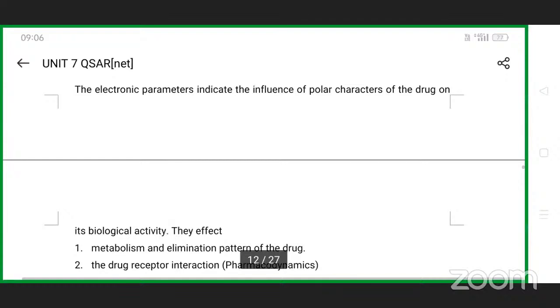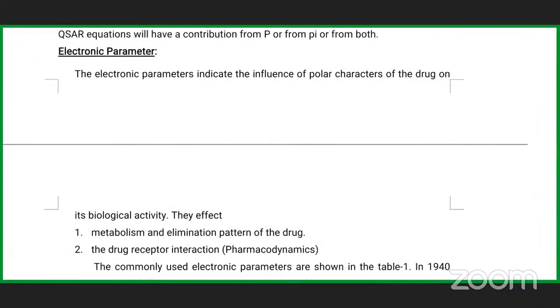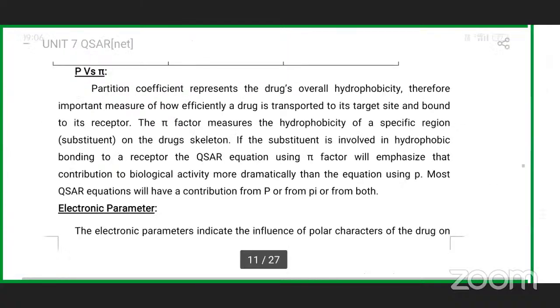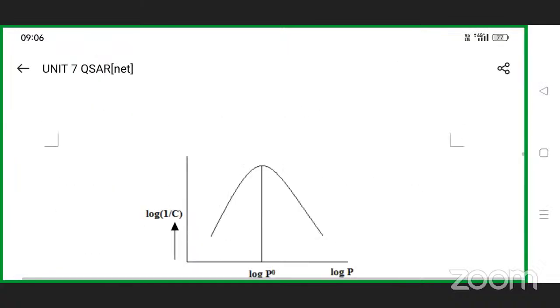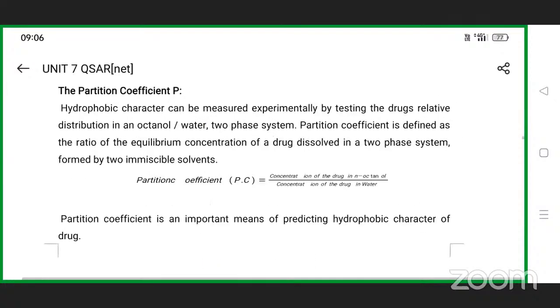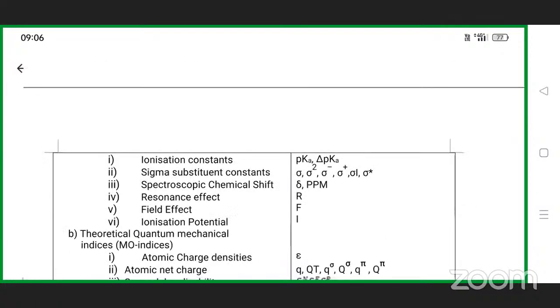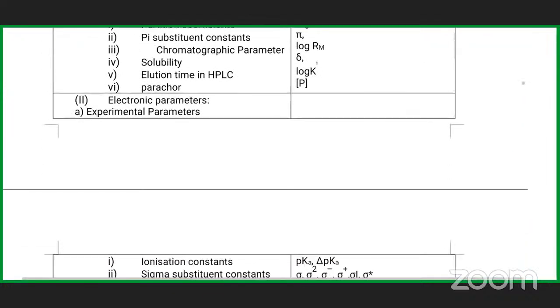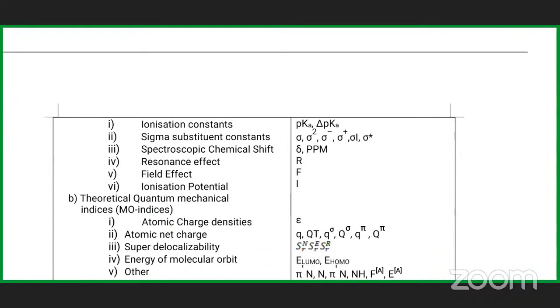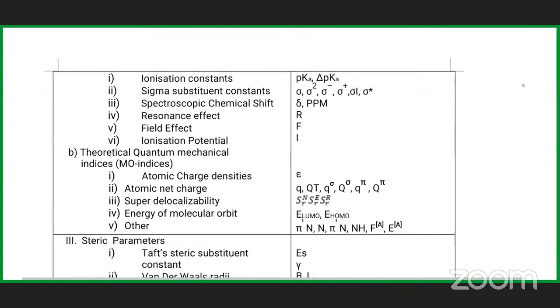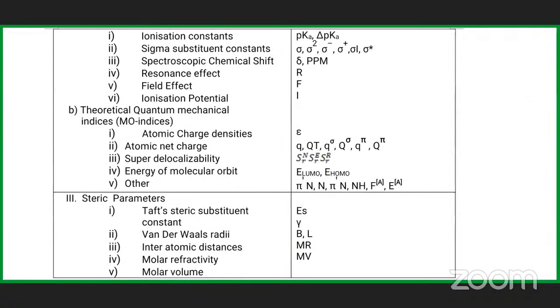In table one we have already seen the electronic factors, and I will repeat them here: the ionization constant pKa, sigma substituent, resonance effects R, field effects, ionization potential I, and atomic net charge Q and QT.